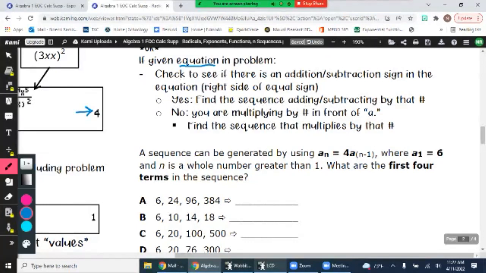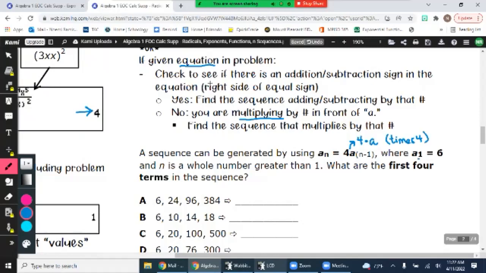If there isn't a plus or minus sign between the 4 and the A, then that means you are multiplying. So this is representing 4 times A.